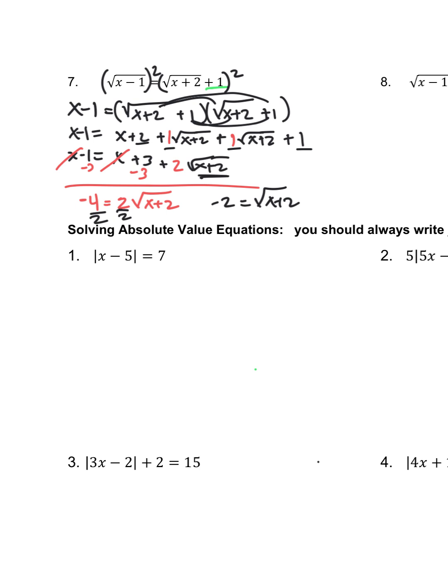I mean, you should always kind of state why, especially for yourself later on. This is no solution. Now you can go and try and figure this out and solve, but you would still check, and when you checked, you would notice that you would have a no solution answer. One side would not equal the other side, but you can stop here, okay? Again, we can't have a radical equaling a negative number.